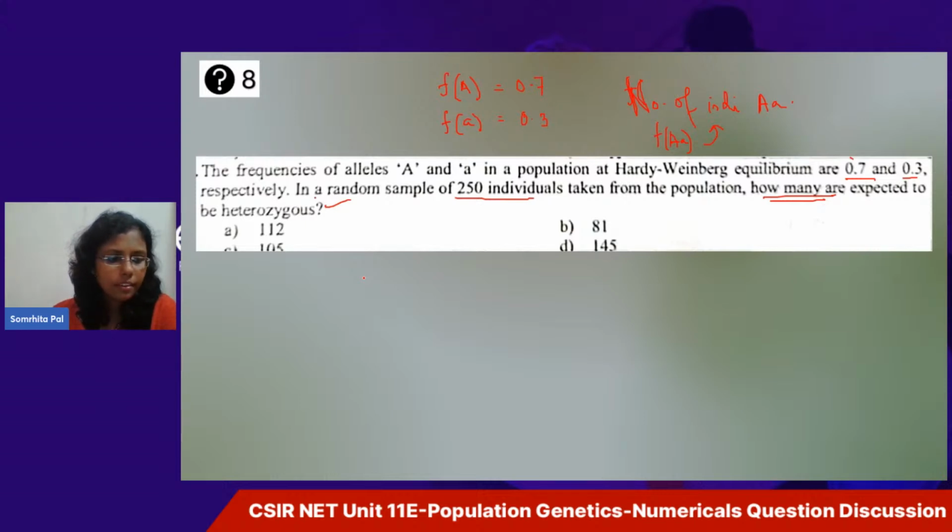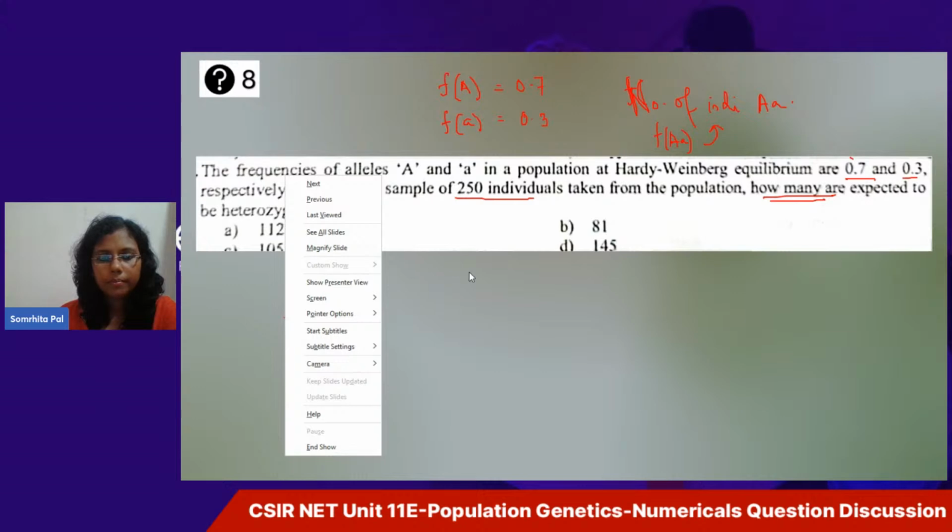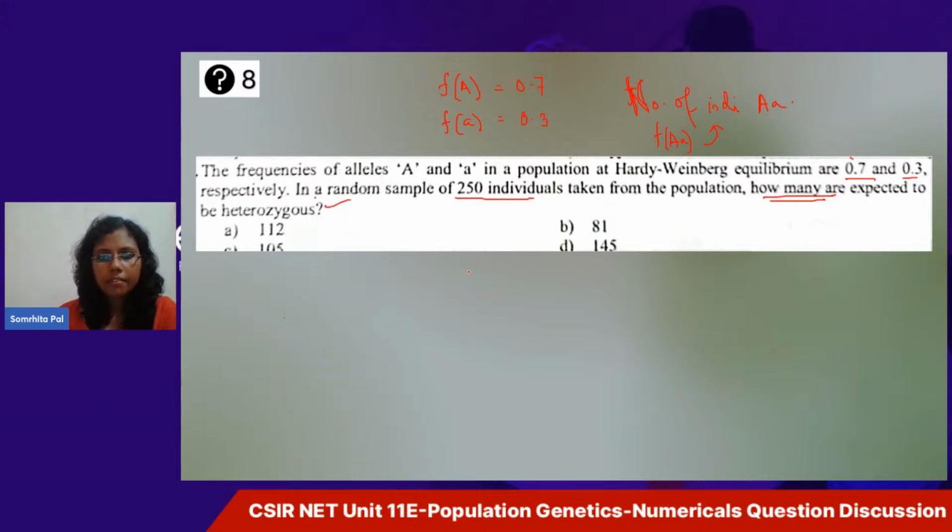Good. Achal, right. The correct answer is option 3. How do we do it? Yes, Sunshine, right, good.